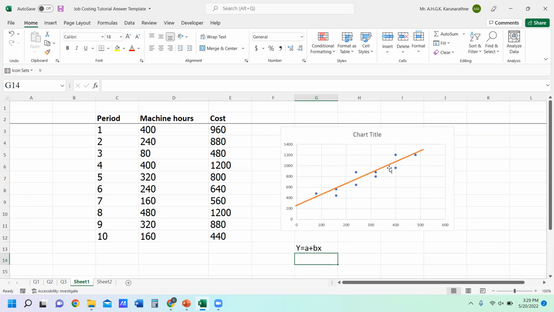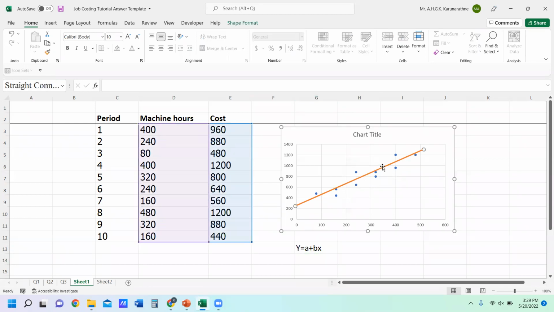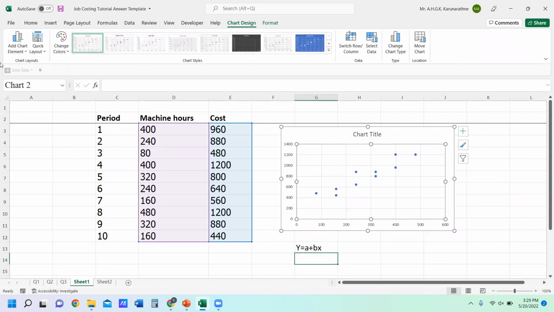If you do this with Excel, you can do it very easily. This one I just drew manually, so I delete it. Go to the table, then Chart Design.